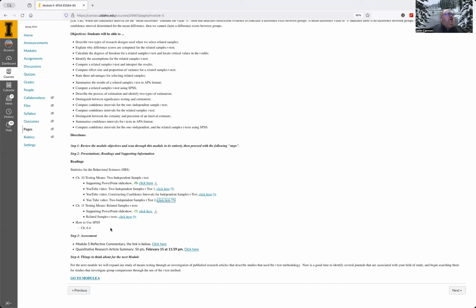Then there's chapter 11, which is the related samples t-test. And we have the supporting video, and then the supporting PowerPoint, and also the video for the related samples t-test. And then in How to Use SPSS, section 6.4. Then we have my reflected commentary. And then we have the quantitative research article summary. And that is due on February 15th.